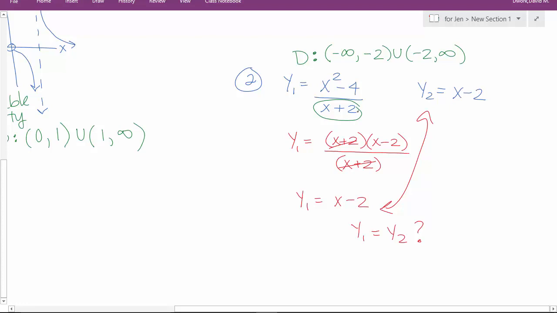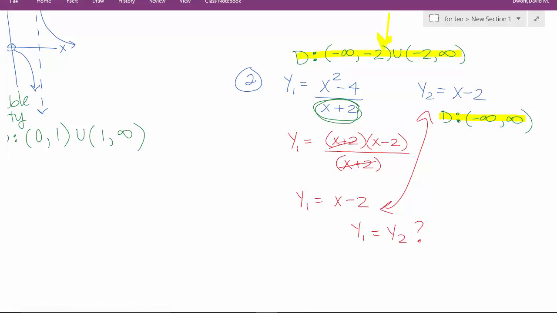So I can have any other number except for negative 2. Versus my domain for y2 is all reals because it is a line, and linear functions don't have restricted domains. And so because these domains are not equal, one is definitely restricted, it cannot be negative 2, I would say these functions are not necessarily equivalent.